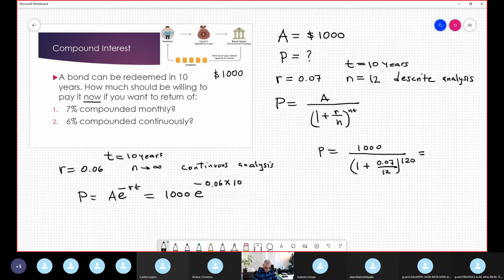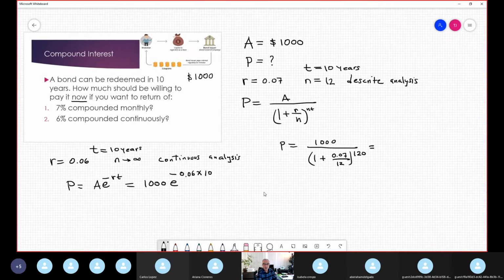Come on, working. Calculator. Discrete analysis, continuous analysis. For the discrete, I got 497.60.